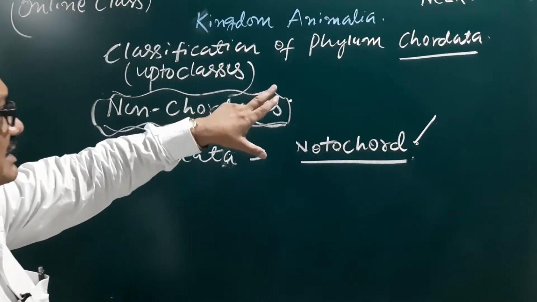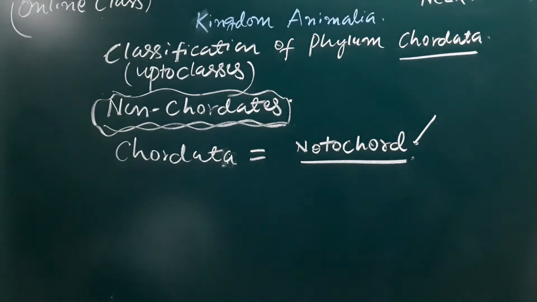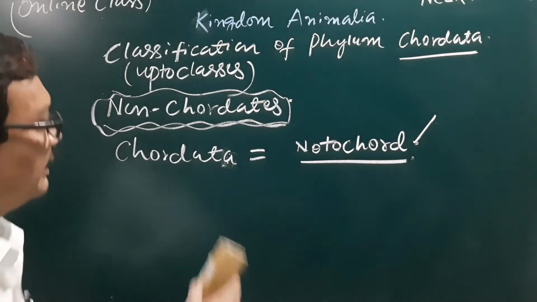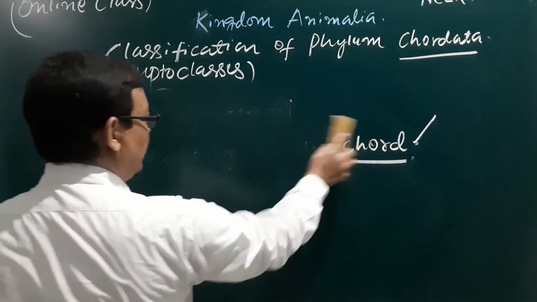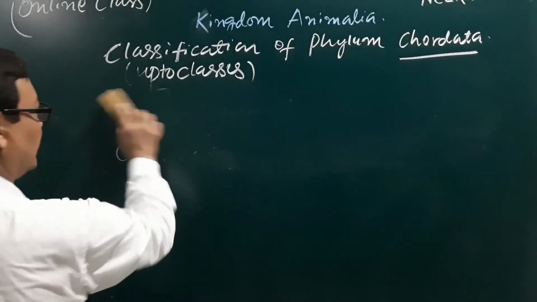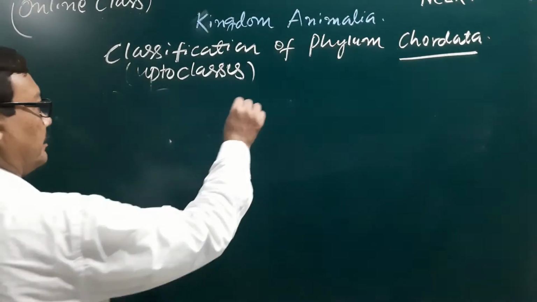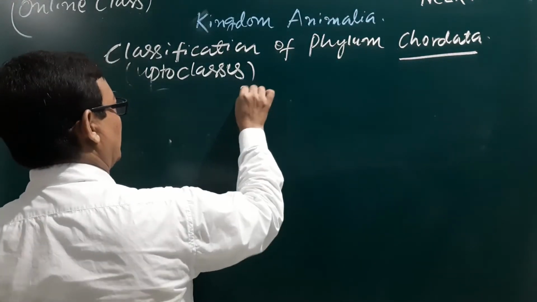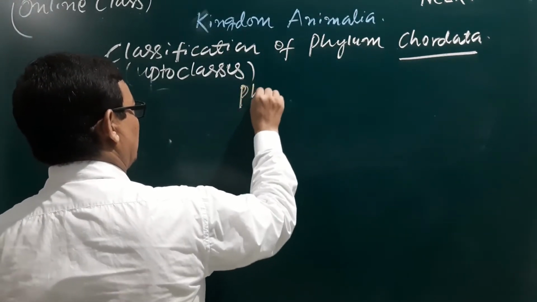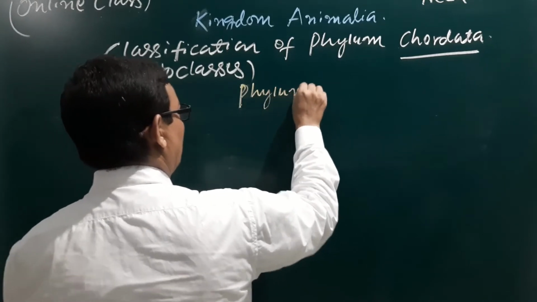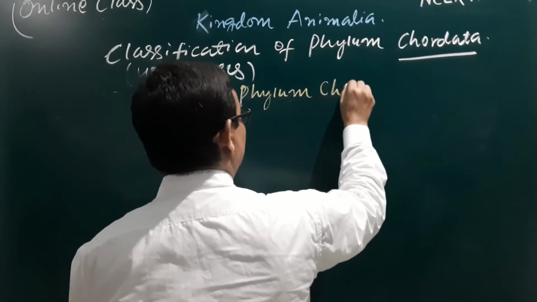So when we first divide the phylum chordata, based on the presence or absence of the notochord, you may write it this way: phylum chordata.